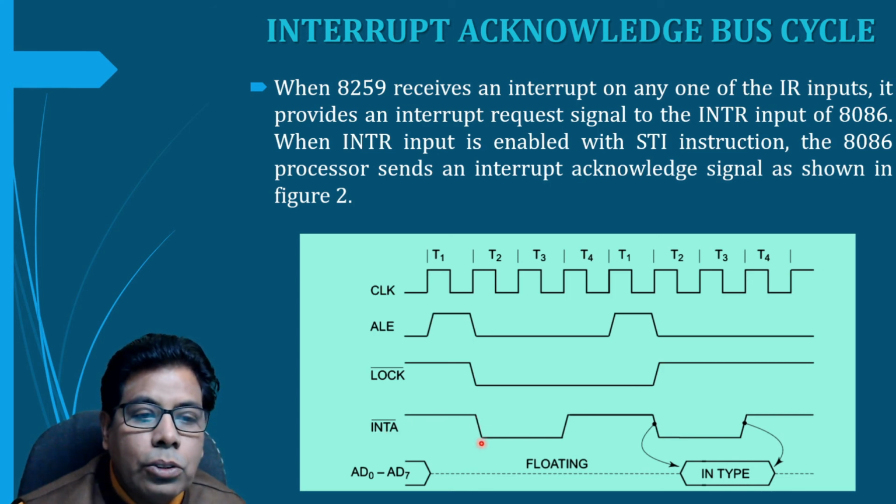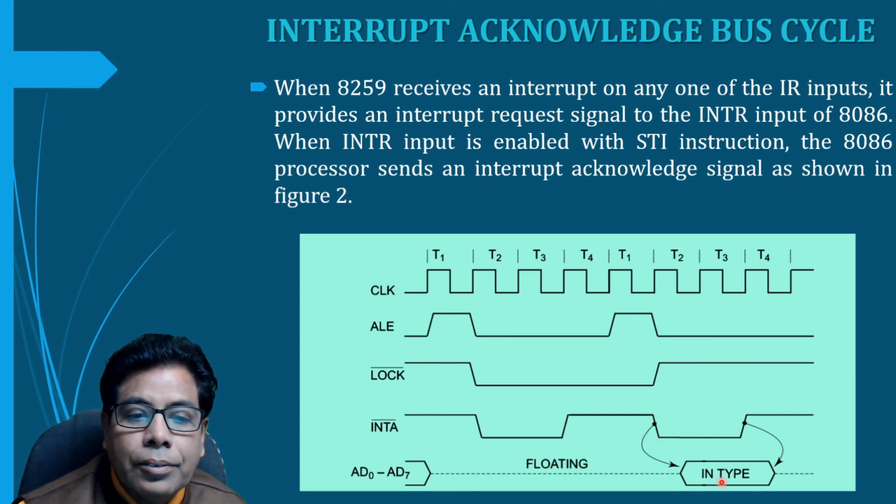When it goes low, whatever is on the data lines, here we have the INT type. This INT type will be sent on the data bus with the help of INTA bar going low.